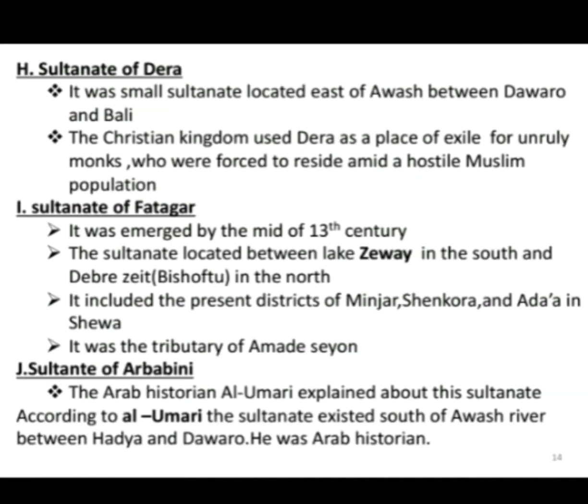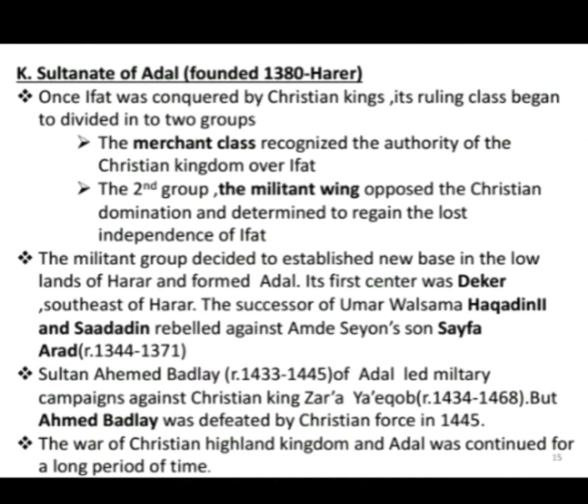The Sultanate of Dara. It was a small sultanate located in the eastern parts of the Awash between Dawaro and Bale. The Christian Highland Kingdom used Dara as a place of tribute to the Christian Highland Kingdom.